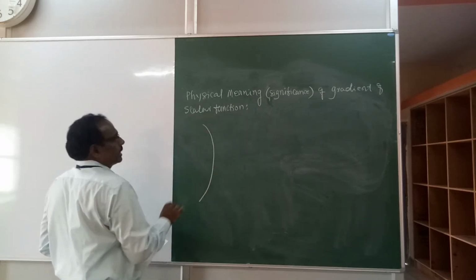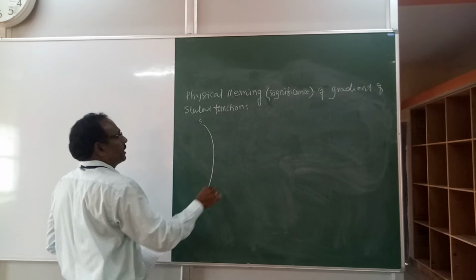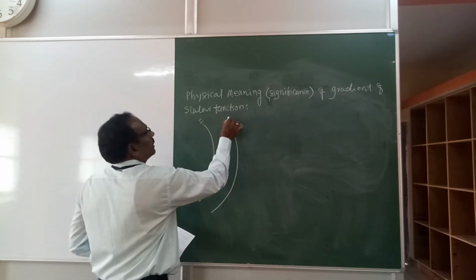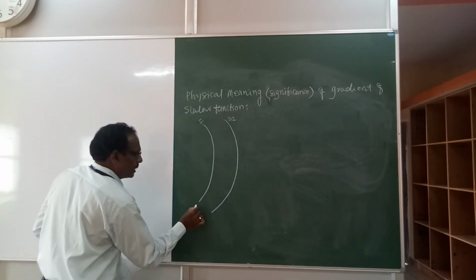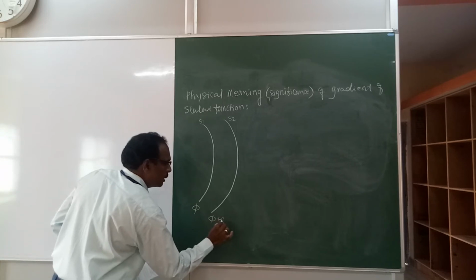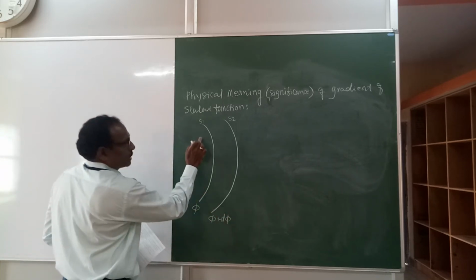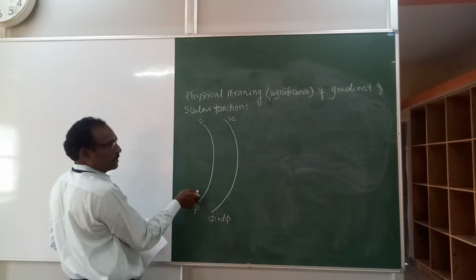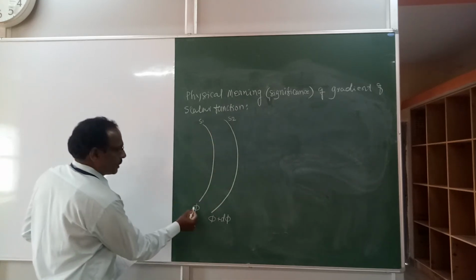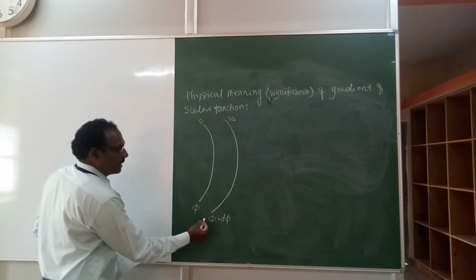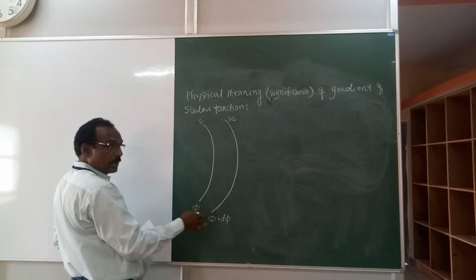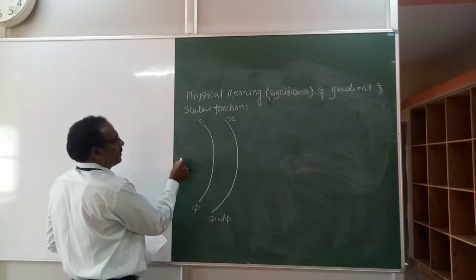S1 is one level surface, and close to that I will take S2, another level surface, represented by a function phi and phi plus d phi. It is in this scalar field.